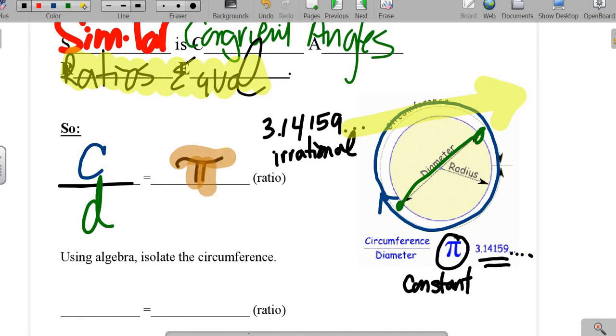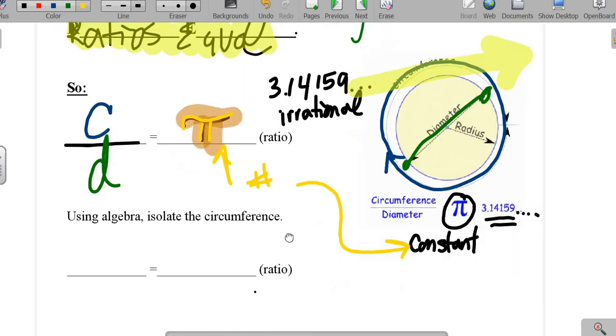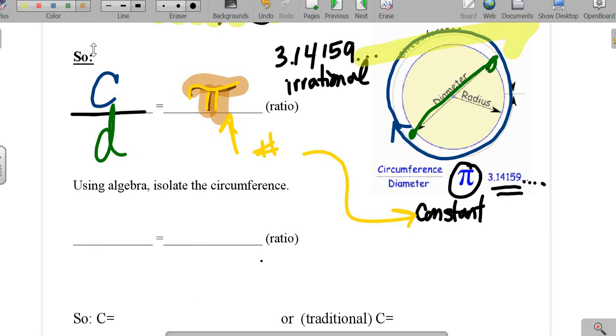It is important that you understand that pi is a number. Yes, it's a Greek letter, but it stands for a constant, 3.14159 blah, blah, blah on forever. So it is a number. Pi is a number. Now, what we use more often than not is we're going to isolate the circumference.